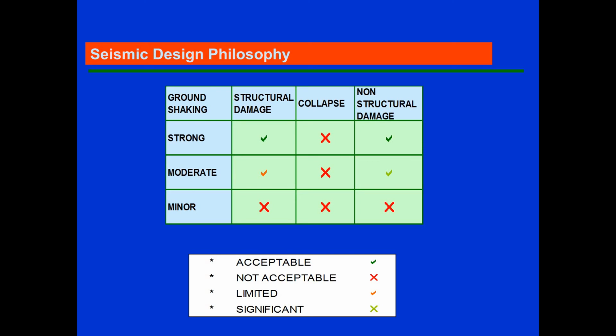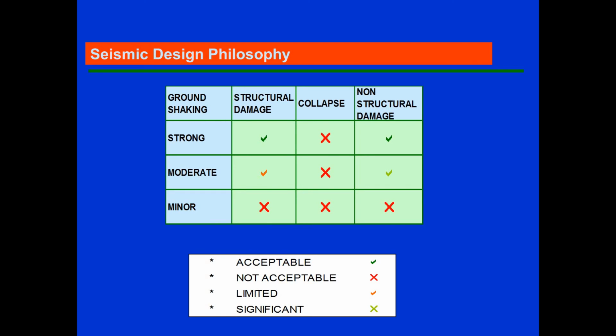So if you see all the cases, nowhere will the collapse be allowed. That will be your main and foremost important design philosophy, that in any case the structure should not be fully collapsed.